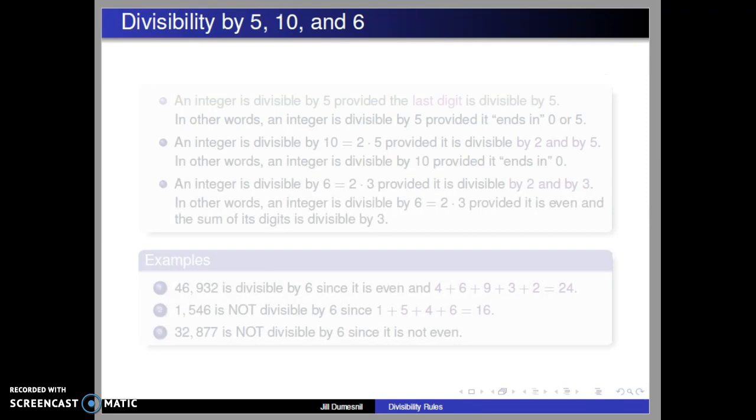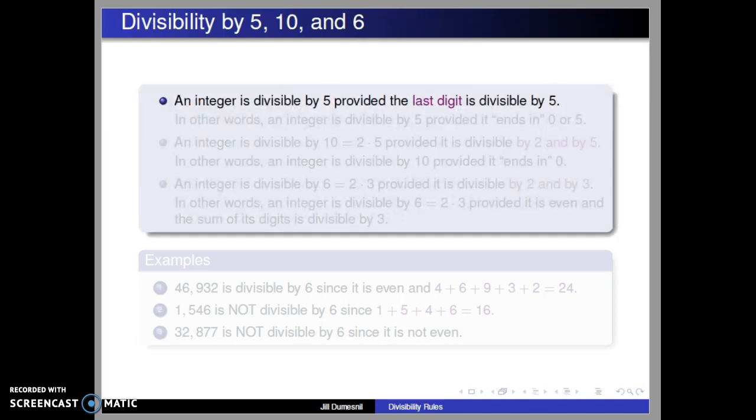Now we'll consider divisibility by 5, 10, and 6. We include the rules for 5 and 10 for the sake of completeness, since most people will already be familiar with these. An integer is divisible by 5 provided the last digit is divisible by 5. In other words, an integer is divisible by 5 provided it ends in 0 or 5.